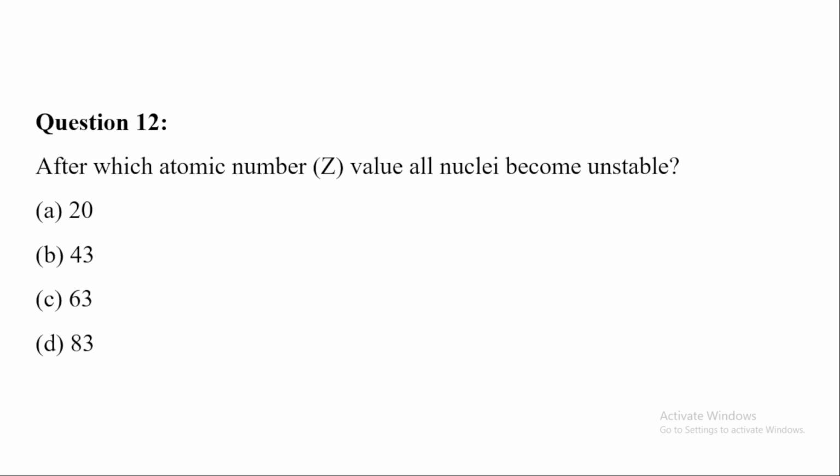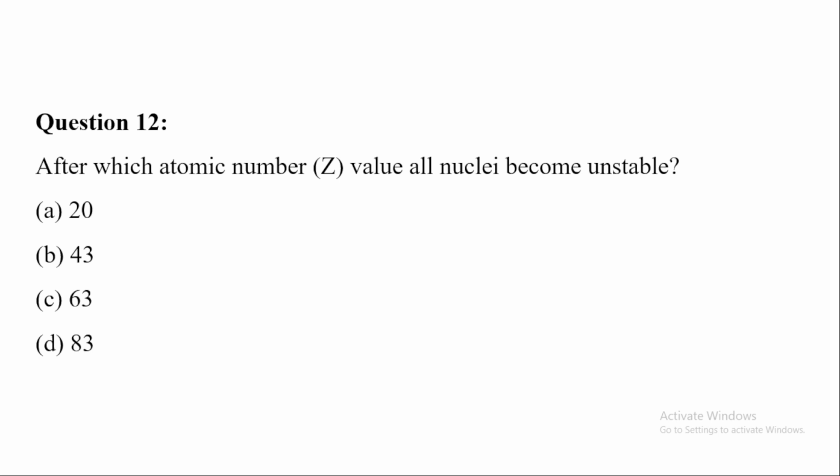Question number 12. After which atomic number do all nuclei become unstable? Atomic numbers are generally denoted by Z and atomic mass by A. So, after which atomic number value do all nuclei become unstable?